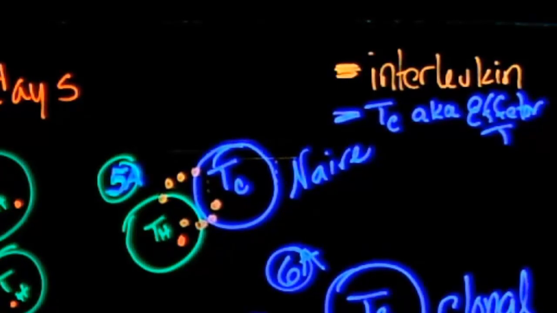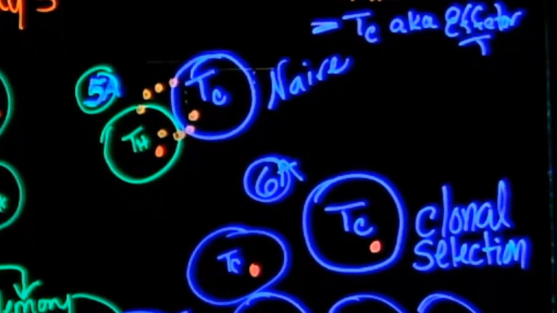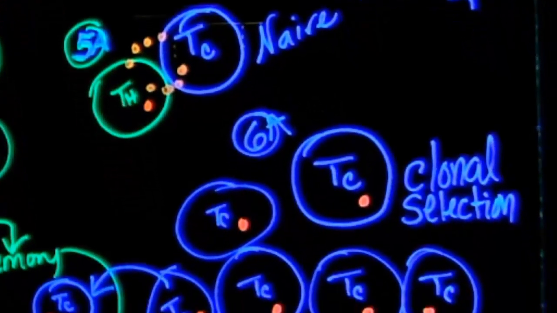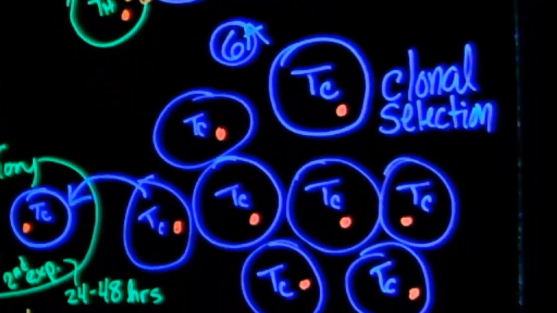Just like we saw in the helper T cell, step 6A is going to be that cytotoxic T cell now aware of the enemy, the red ball antigen. This is the target now for this cell.